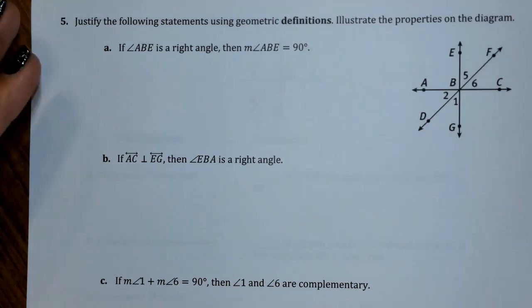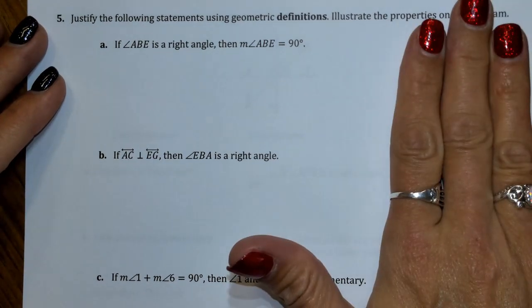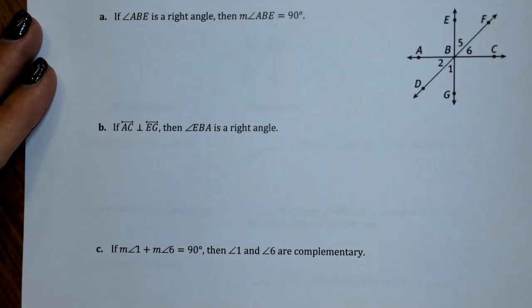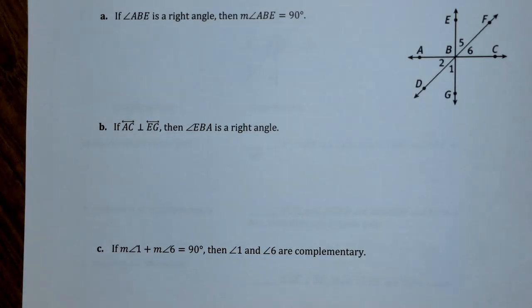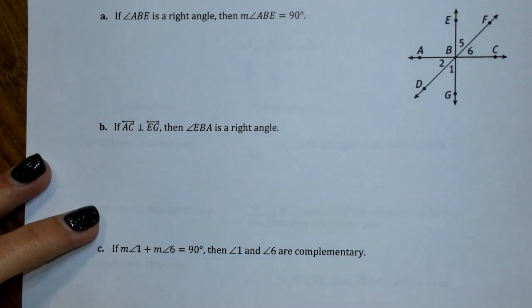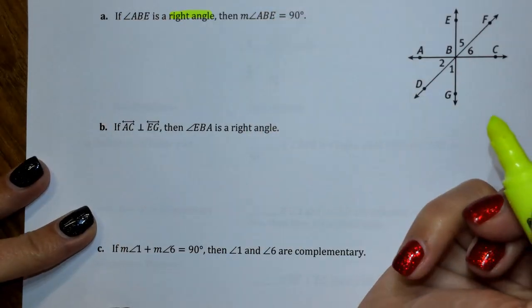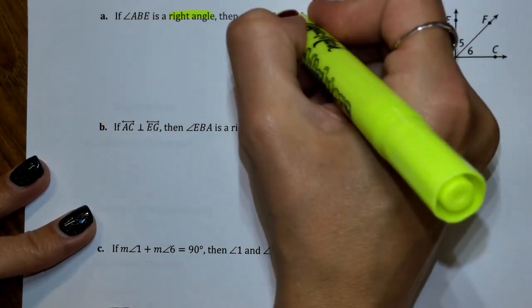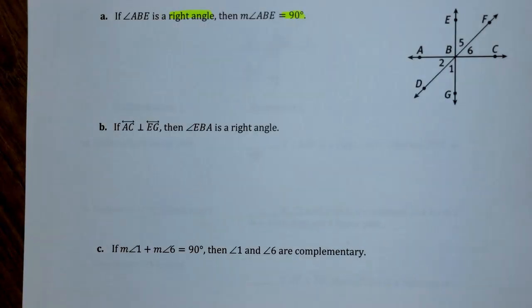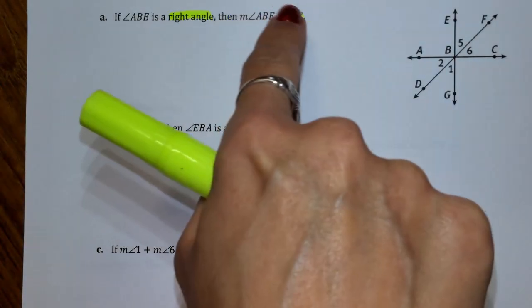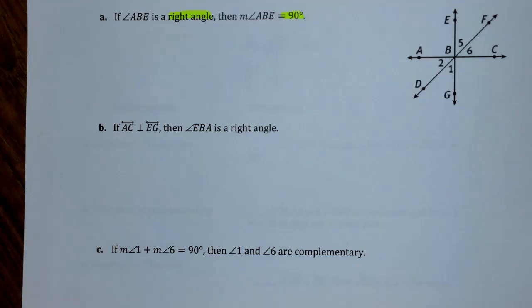This is kind of a weird way of doing what we just looked at, but here's what you're going to be seeing. We're going to go very quickly through this. Number 1, you don't need this diagram. Ignore the diagram, okay? Let's go ahead and highlight our important things. In our if-then statement, if angle ABE is a right angle, then the measure of angle AEB is 90 degrees. This is why we highlighted what we did over here. We're going to look through and find where we see right angle and 90 degrees in the same one.